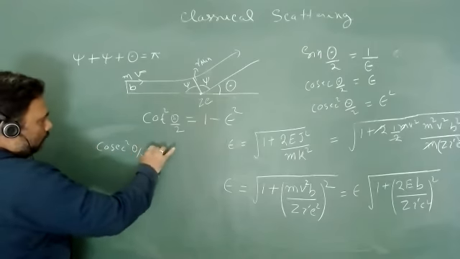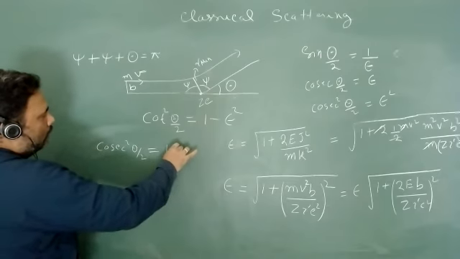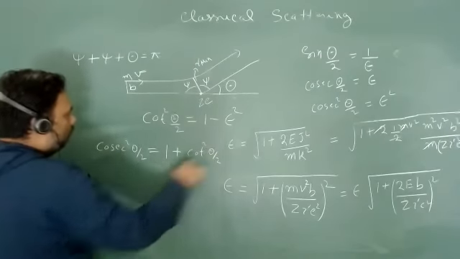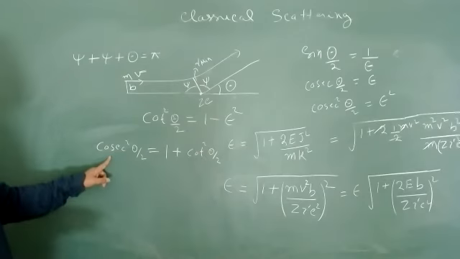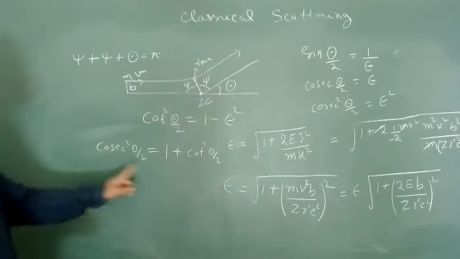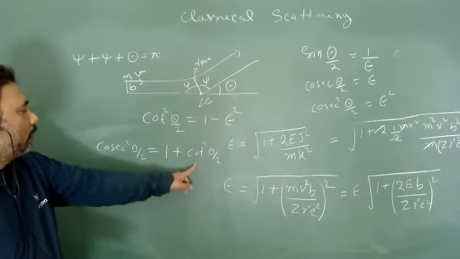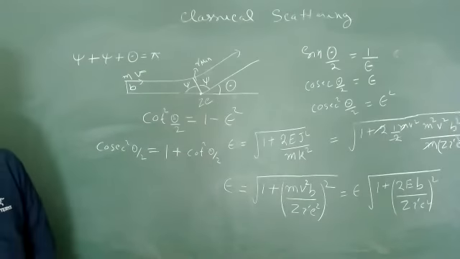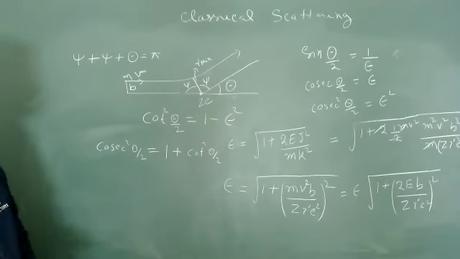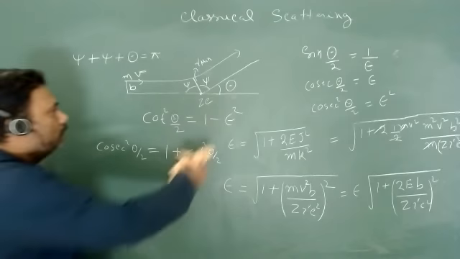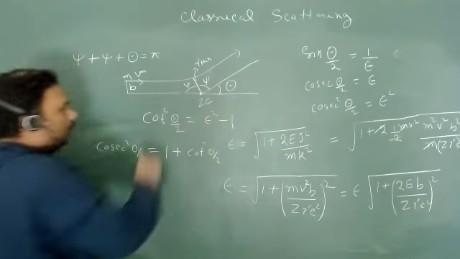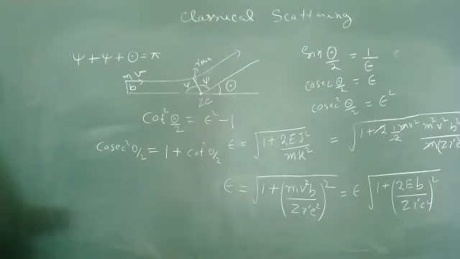So cosec square theta by 2 is epsilon square, so cot square theta by 2 is equal to what? Are you writing something wrong? Just check it. Okay, so this value is epsilon square minus 1, I think. Then this value is there.